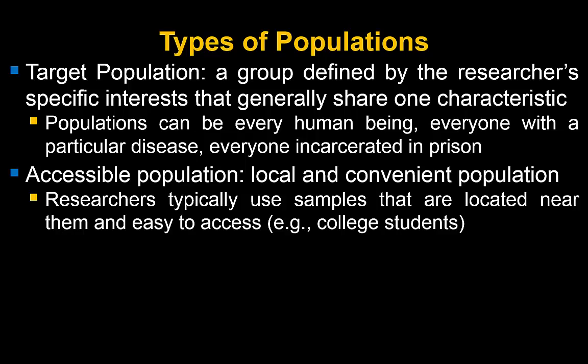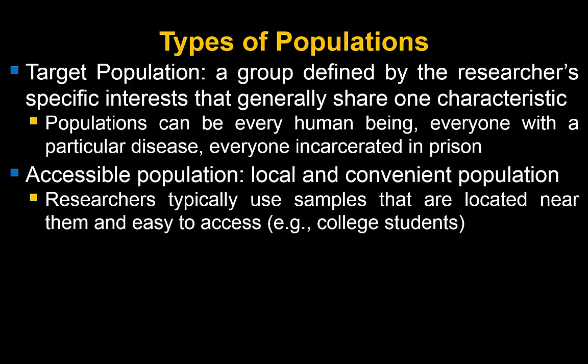But the target population is the population that we're trying to characterize or make some generalizations about with our research study. And typically that group carries a single characteristic that they all share, whether that's being human or being incarcerated or having a particular disease or whatever the specific characteristic is that we're interested in looking at.